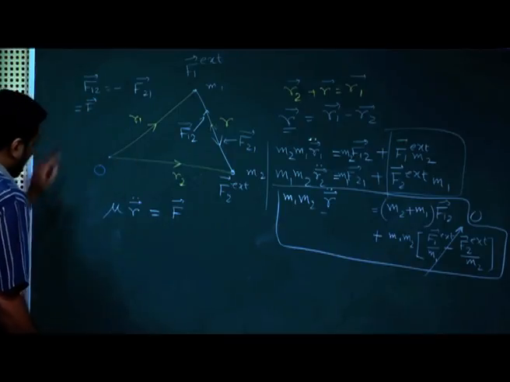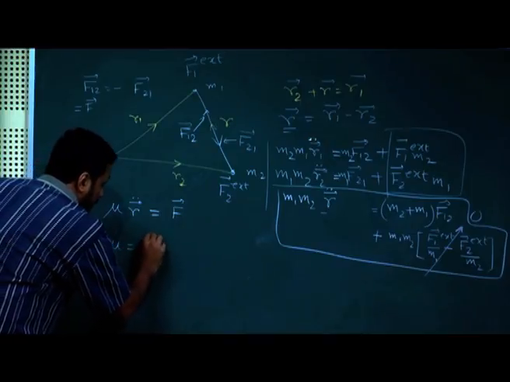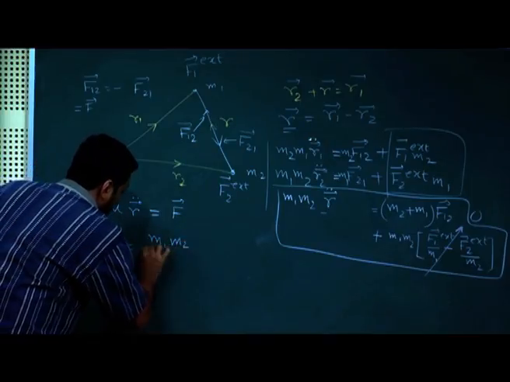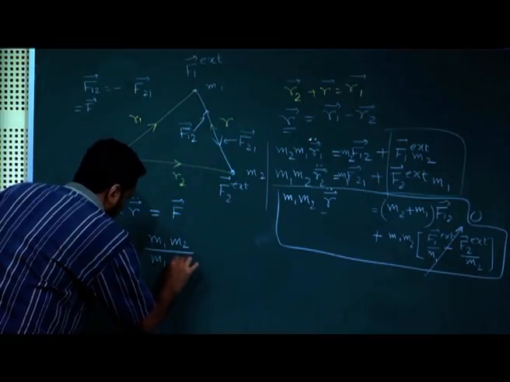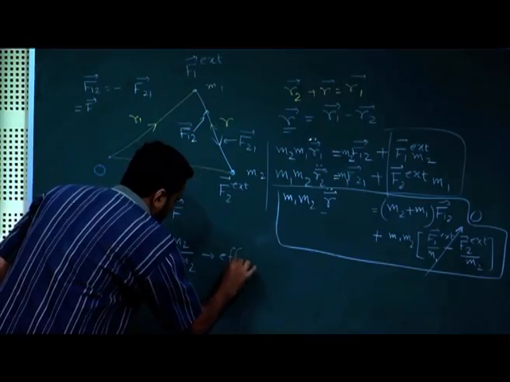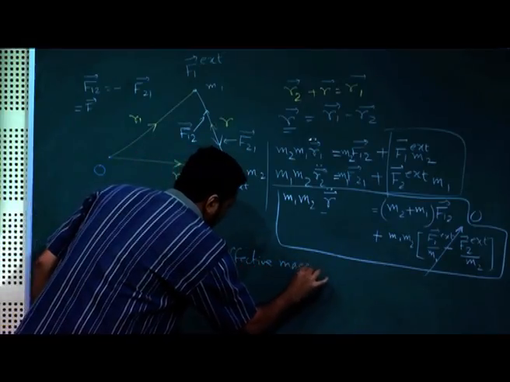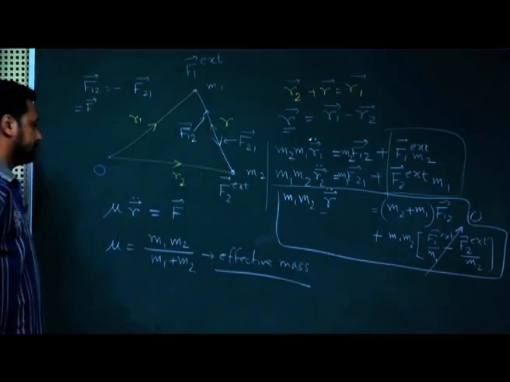Okay. So, this is the equation with mu equal to m1 m2 by m1 plus m2, and this is called the effective mass.